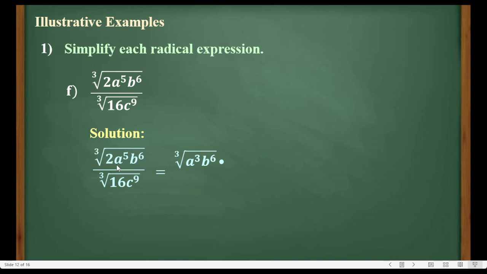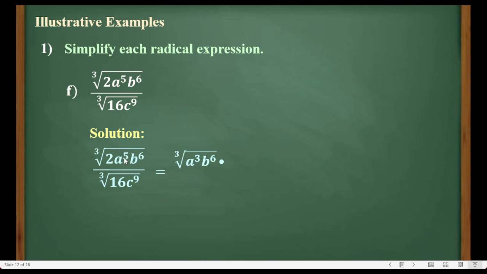Okay, so we extract from this given radicand the perfect cube factor. So from a to the 5th, we extract a cube. And from b to the 6th, since exponent 6 is a perfect cube. Why do we know that b to the 6 is a perfect cube? Because its exponent is divisible by the index 3. Okay?